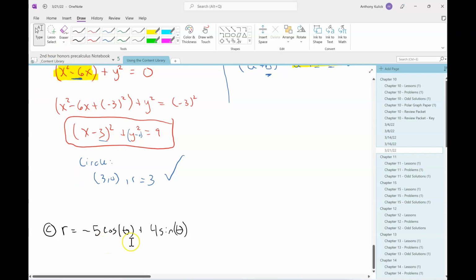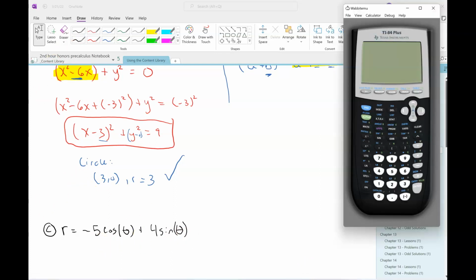Okay, -5 cosine theta plus 4 sine theta. Let's take a look at what that bad mama jamma looks like. I'm going to go ahead and graph this back on my standard window. Going to get rid of the square one.